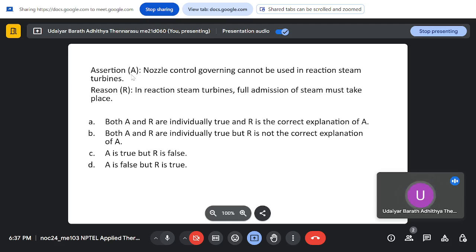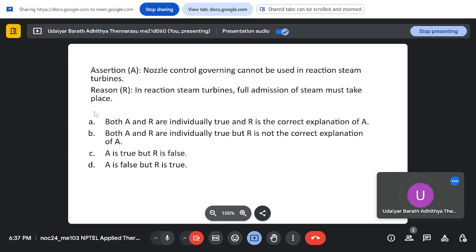So we have two statements, and you have to see which is true. The question is: nozzle control governing cannot be used in reaction steam turbines. Reason: in reaction steam turbines, full admission of steam must take place.